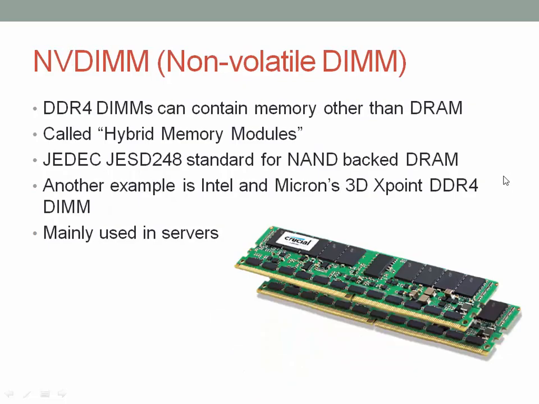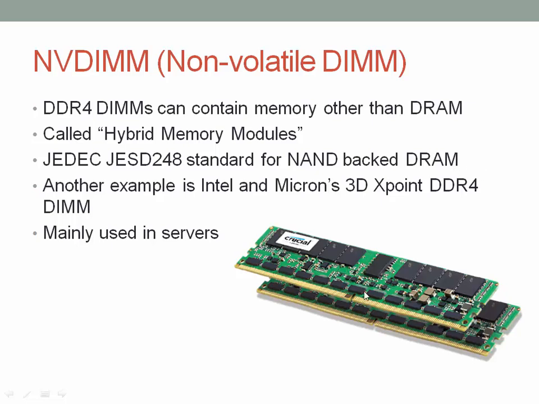The last type is called NVDIMM, which is non-volatile DIMM. There is no rule that DIMMs have to have only SDRAMs on them. They can have other types of memory too. There is a JEDEC standard for NAND-backed DRAM, where there are SDRAM chips as well as NAND flash on the same board.